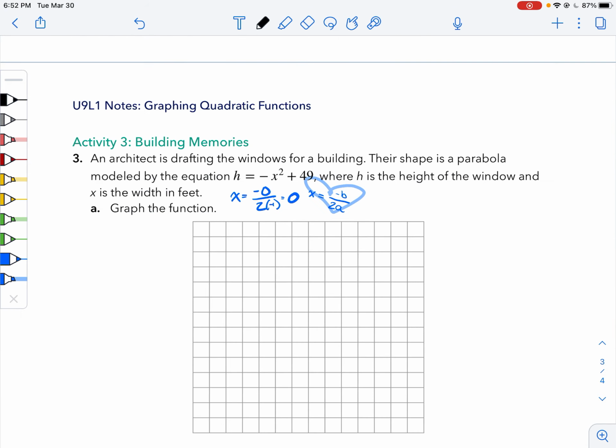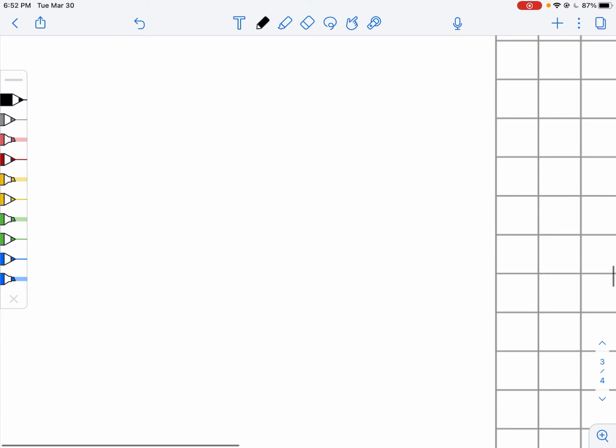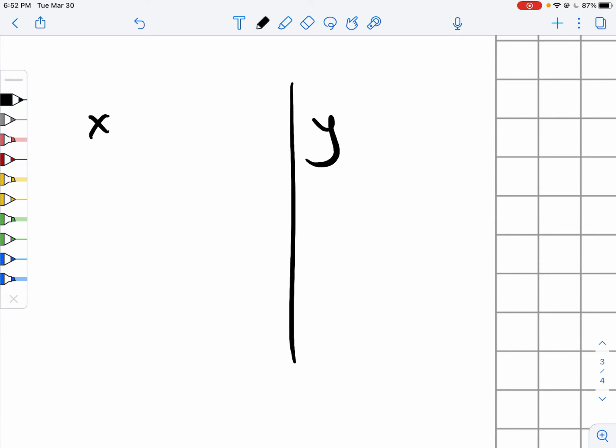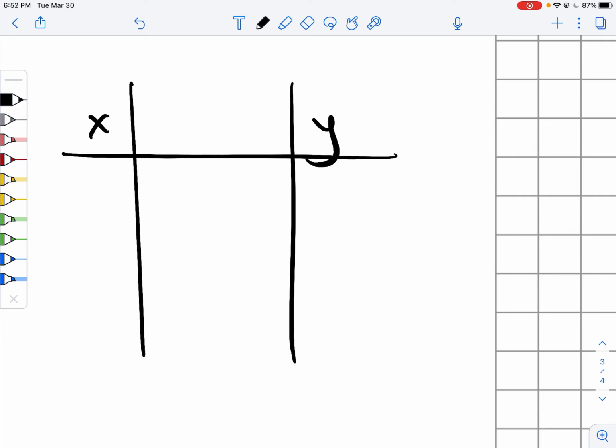So let's make ourselves a cute little xy chart. Oh, it's not y, it's h. x, h, which is going to be our y in disguise. We've got -x squared plus 49.